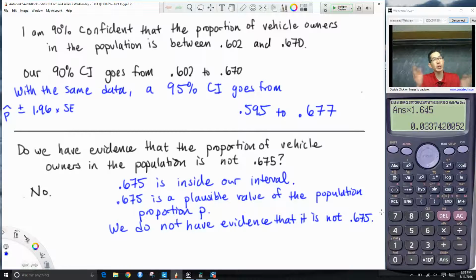When we want to be more confident, our interval gets wider, and we had to change our answer from yes to no. You can take this like, if you're ever the boss of something and you have to make decisions and call shots, a lot of times you don't have all of the information.